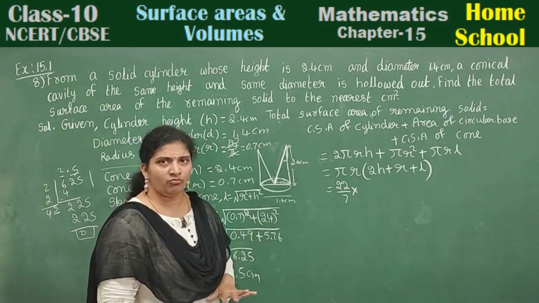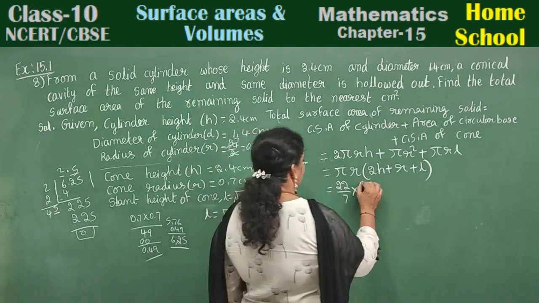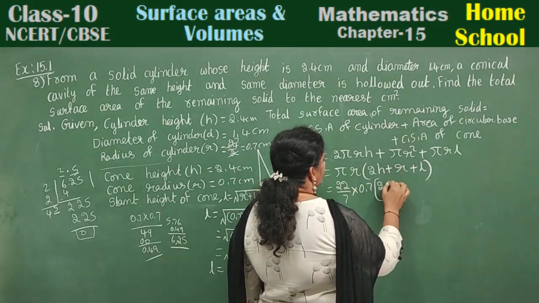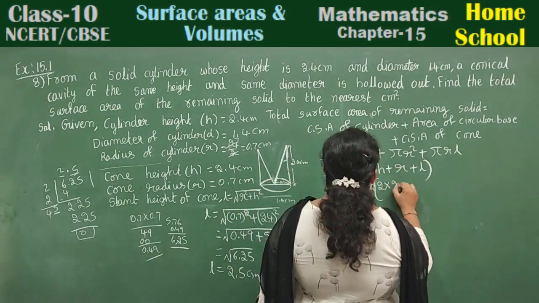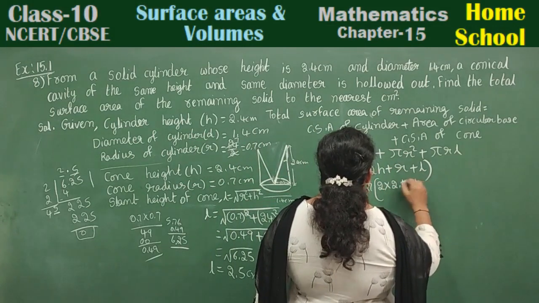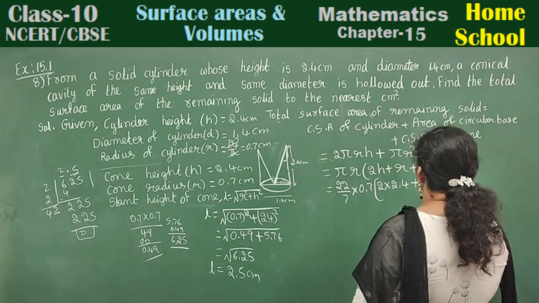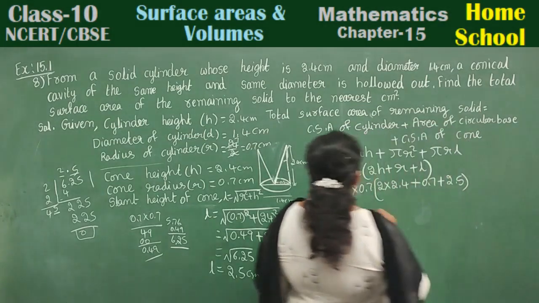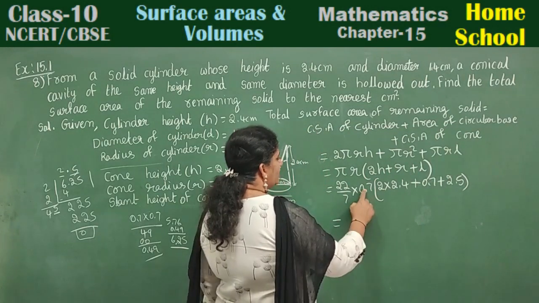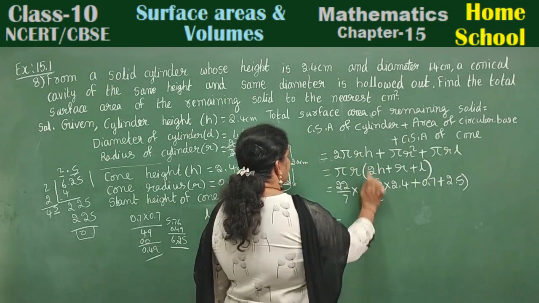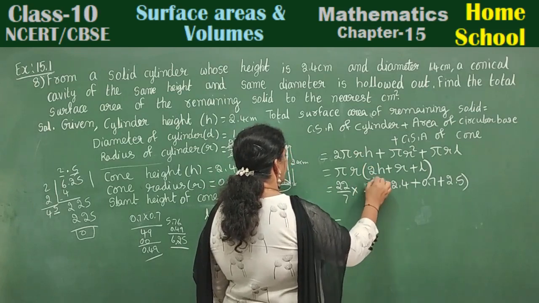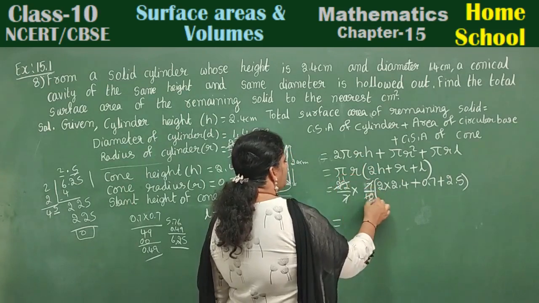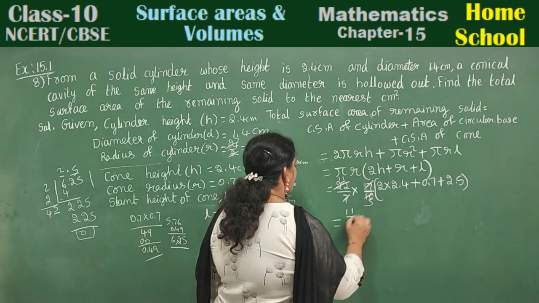Radius of cone and cylinder both are the same, that is 0.7, into 2 into H, the height of the cylinder 2.4, plus radius 0.7, plus slant height 2.5. You can write 0.7 as 7 by 10. 7, 7 cancel. 2 elevens are, 2 fives are. You are left with 11 by 5.